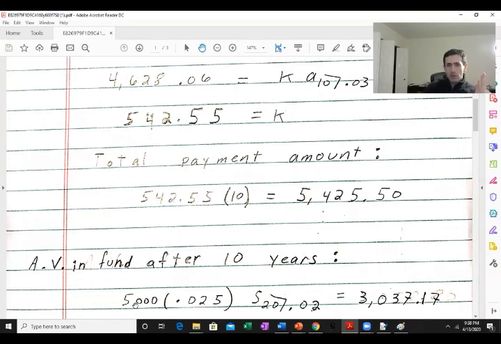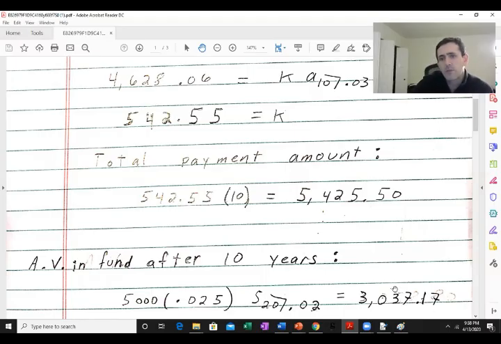And the nominal semi-annual interest rate for the fund is 4%, so divide by 2, you get 2% as an effective 6-month interest rate for this account. So the accumulated value of all these coupon payments is 5,000 times 0.025 times S angle 20, at your effective 6-month fund rate, 2%.